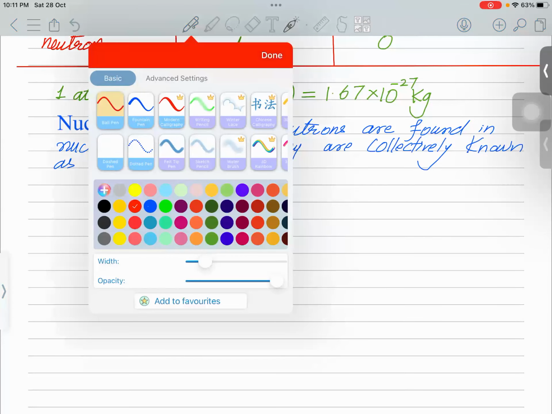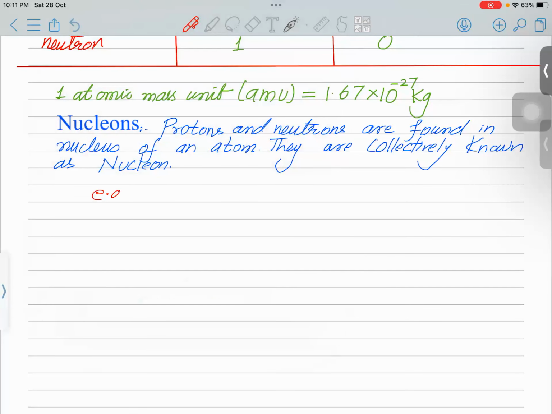For example, sodium has proton 11, neutron 12.